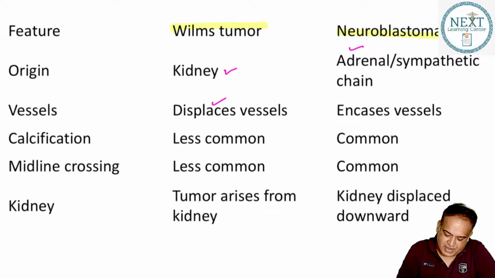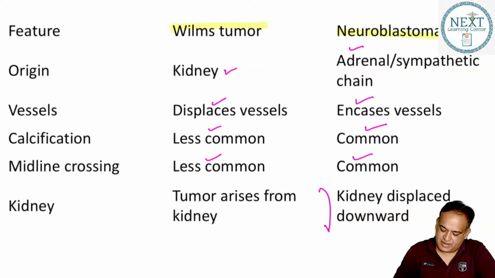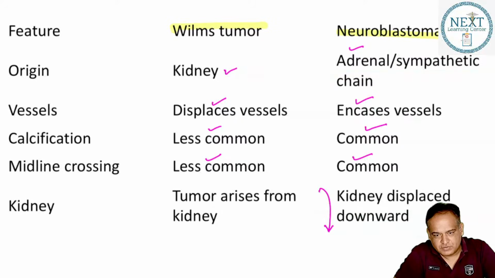Wilms displaces, neuroblastoma encases. Calcification is rare in Wilms, common in neuroblastoma. Midline crossing is never in Wilms, and is common in neuroblastoma. Neuroblastoma will displace the kidney downward. That's how you differentiate between Wilms tumor and neuroblastoma.